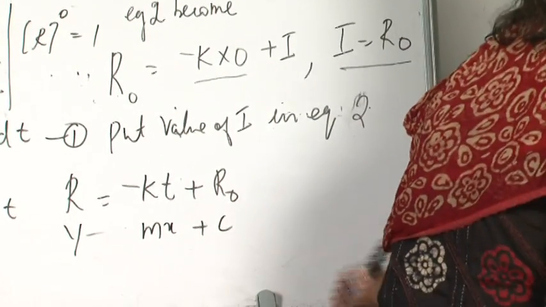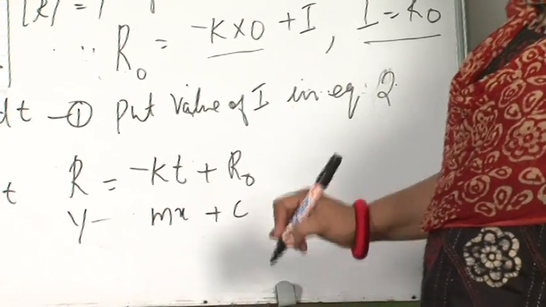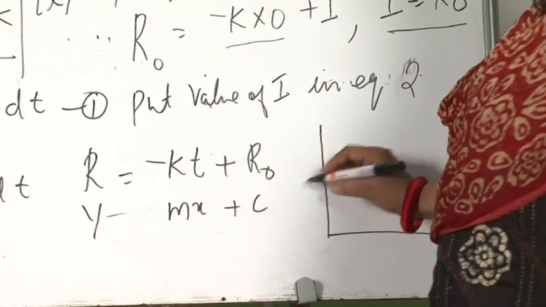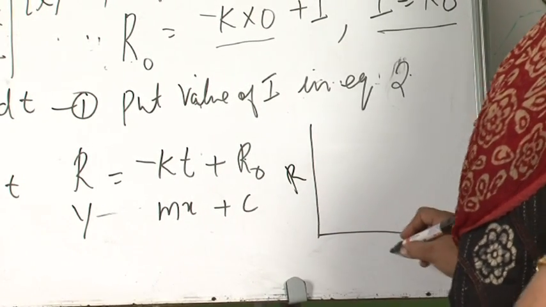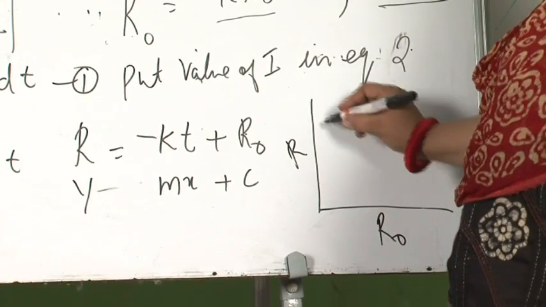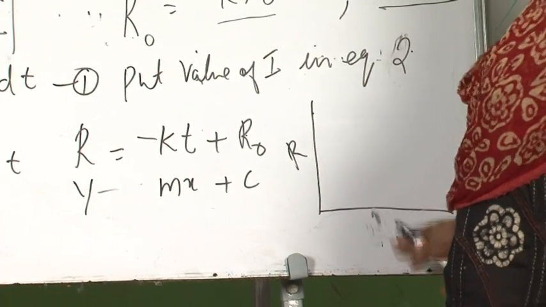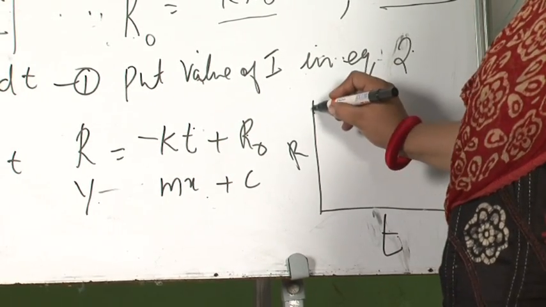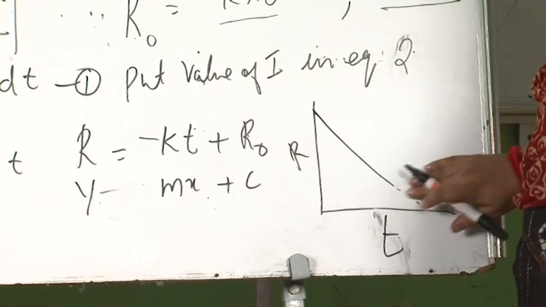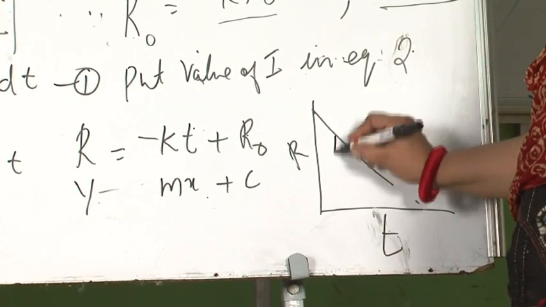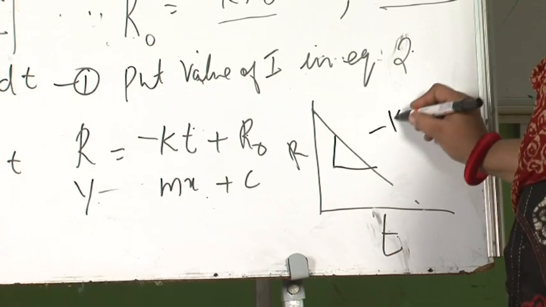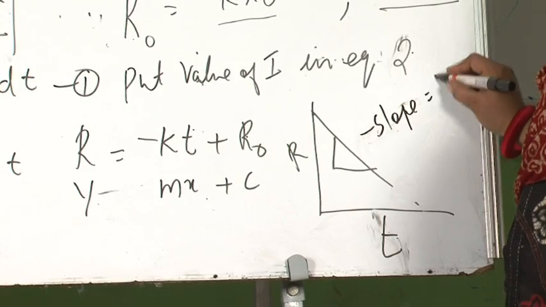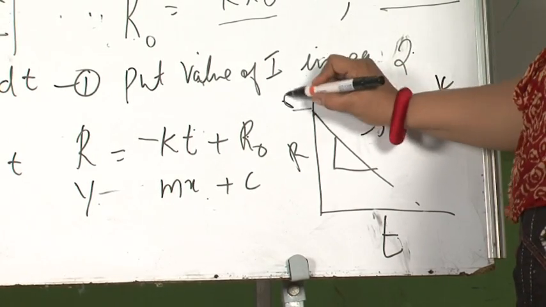So if I plot R versus t, it will be a straight line having slope minus K, and intercept R0.